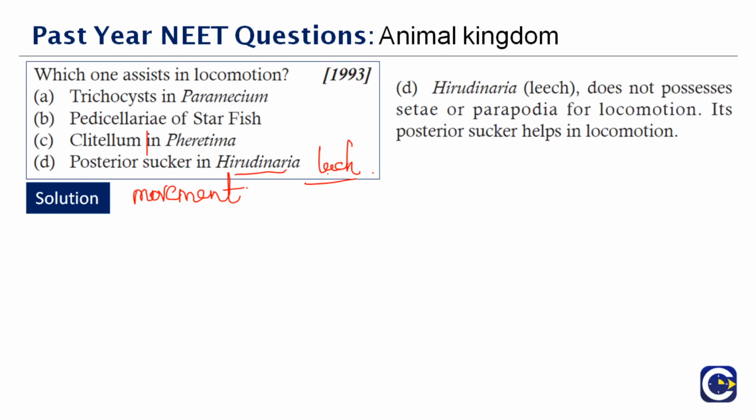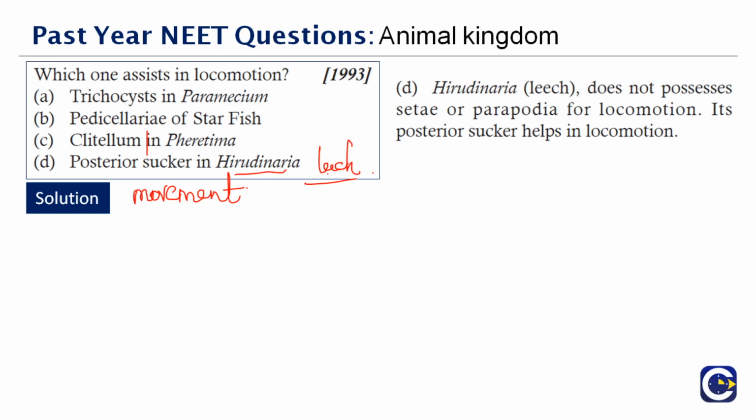Okay, apart from that, if you want to know what this posterior sucker is about, see, certain organisms have different organs which support locomotion. For example, if you take amoeba, you have the false feet, the pseudopodia, which help in that.